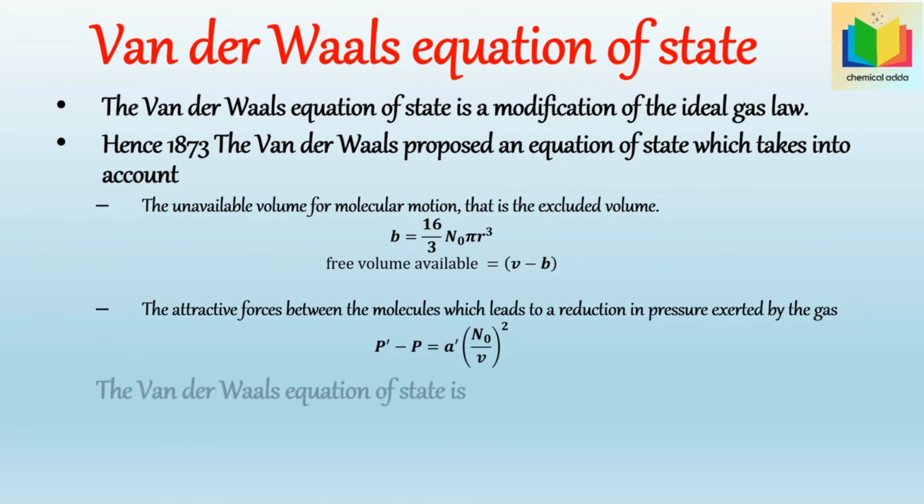Hence the van der Waals equation of state is (P plus a by V square) into (V minus b) is equal to RT, where a and b are constants, also called van der Waals constants, and they depend on the nature of the gas.